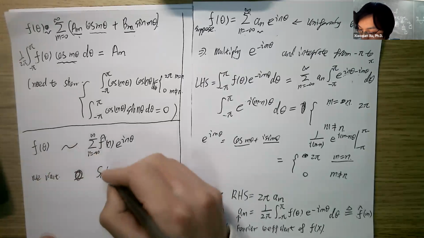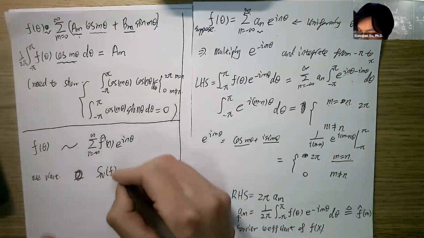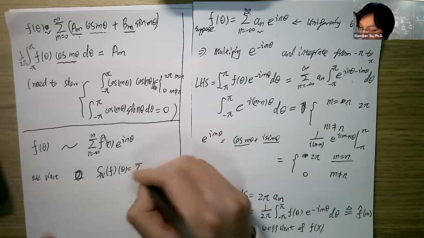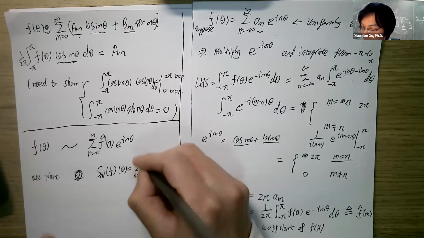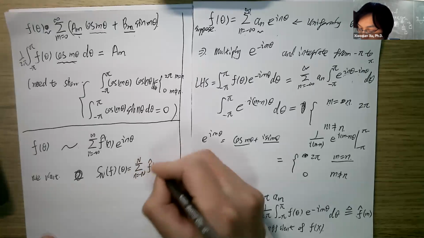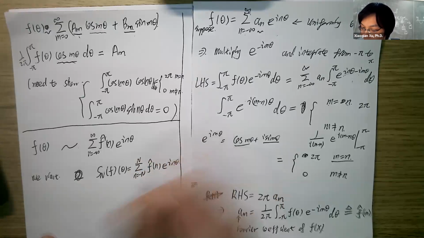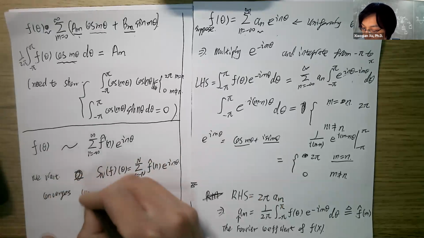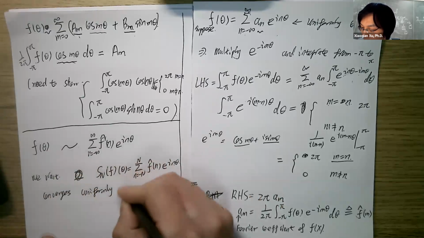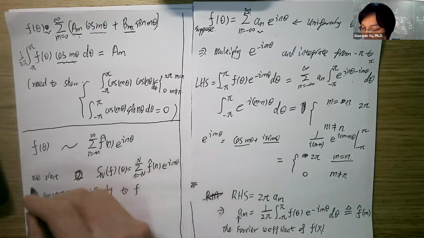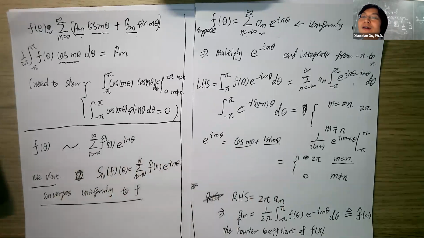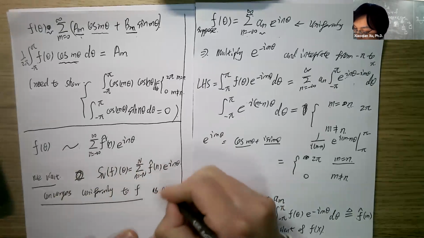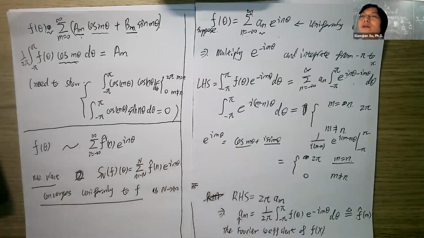This is a partial sum of f, equal to the sum from minus capital N to capital N of f hat n e to the i n theta, will converge uniformly to f. This is what we want. However, I will tell you this may not be true as N goes to infinity. This will not always be true. Okay?